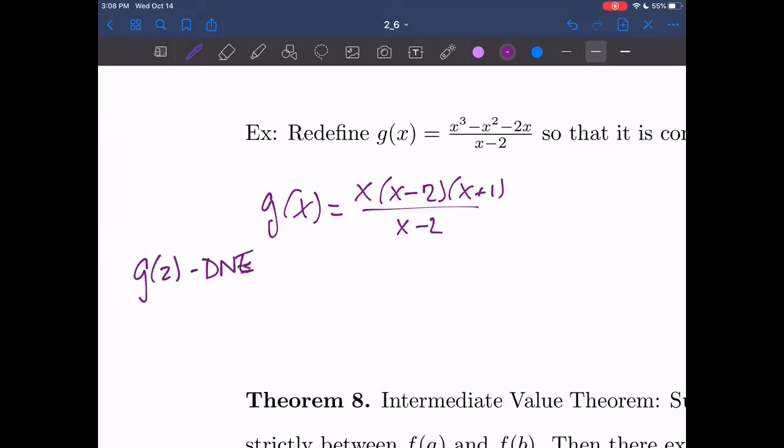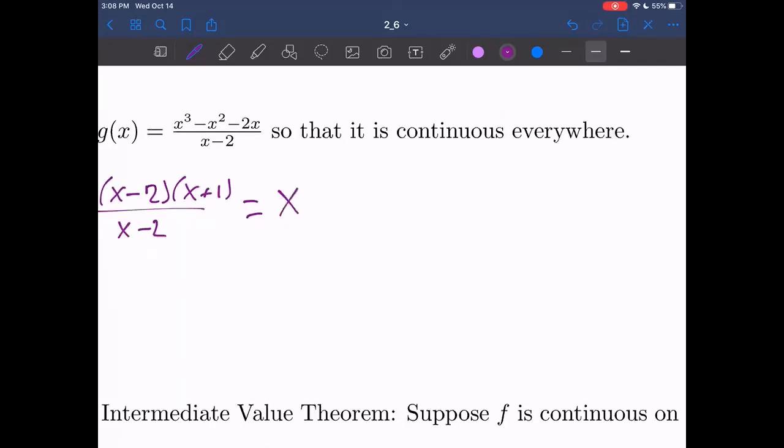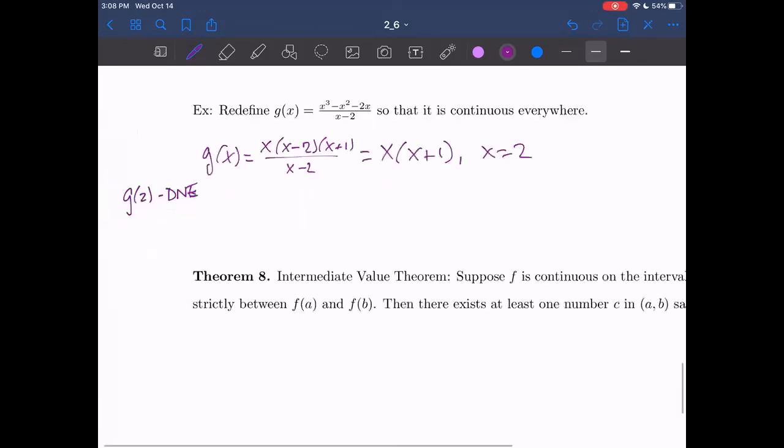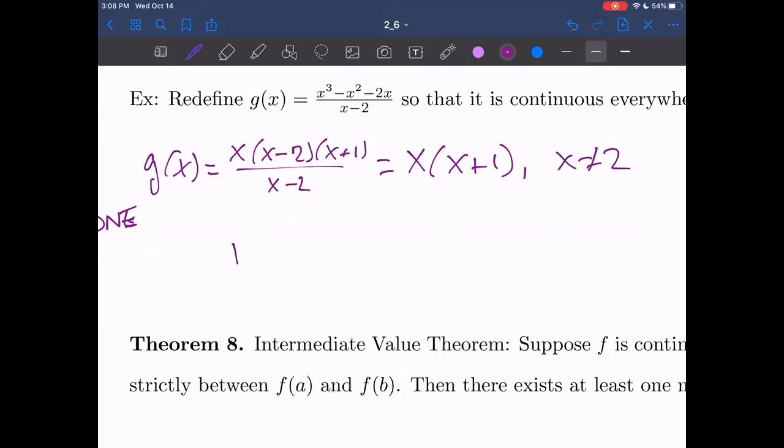We can't plug 2 in there, but we can factor this and cancel, so we get x times (x plus 1) for x not equal to 2. So our redefining is g of x is equal to x times (x plus 1).